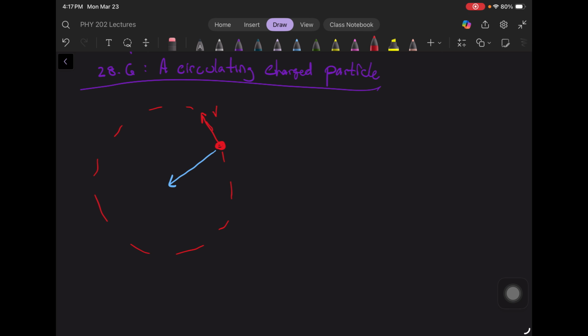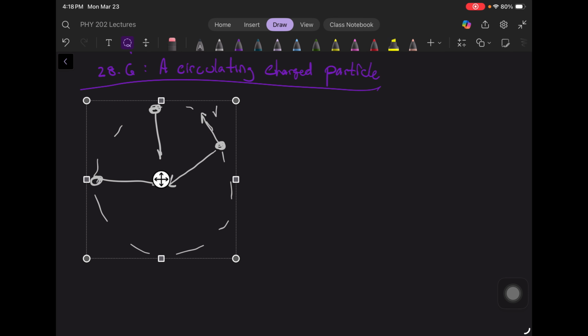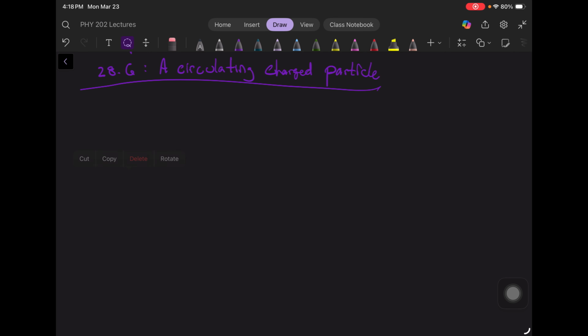If we look at other locations on this circle, here, if we have a perpendicular, it's going that way. Over here, it's going to be going this way, and so on and so forth. All right, and so the magnetic force acts as the centripetal force.